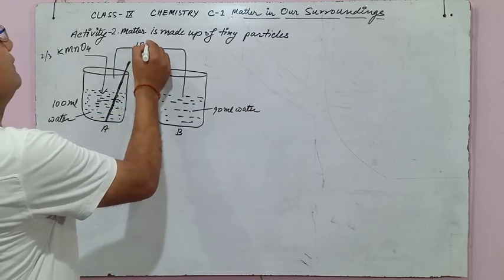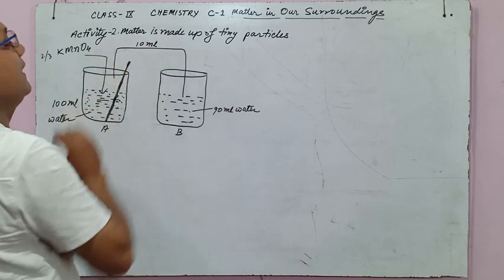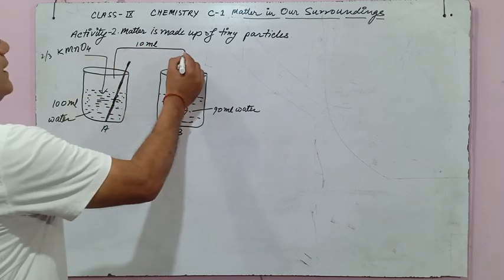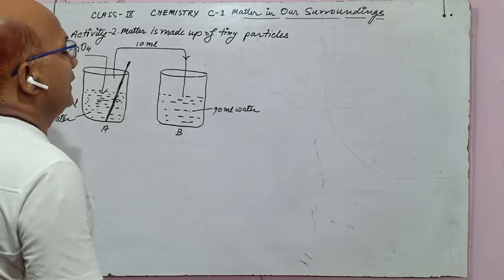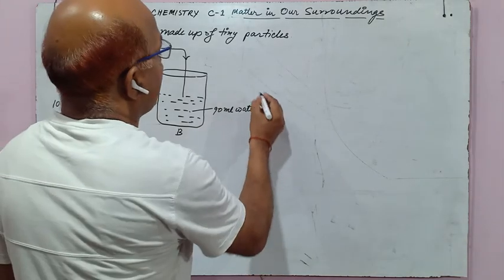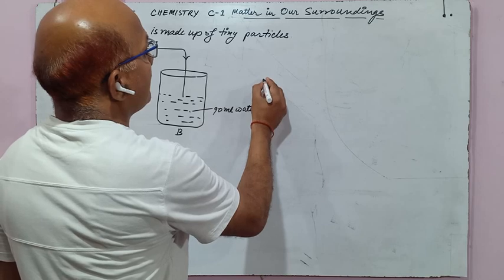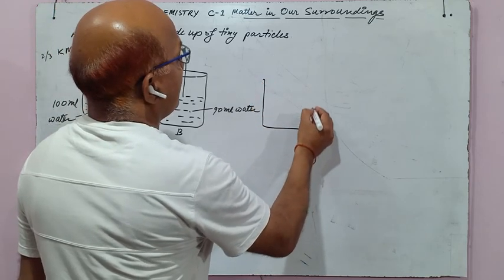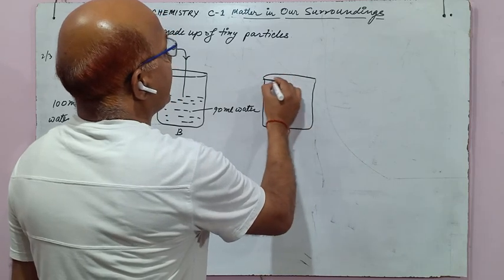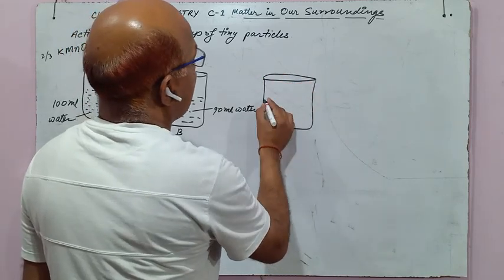We will transfer 10 ml solution from beaker A to beaker B, and then again take one more beaker containing 90 ml water.